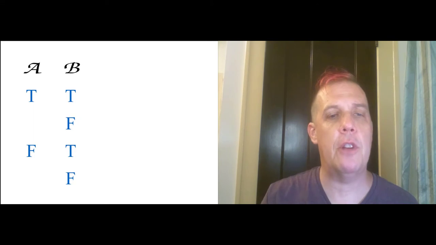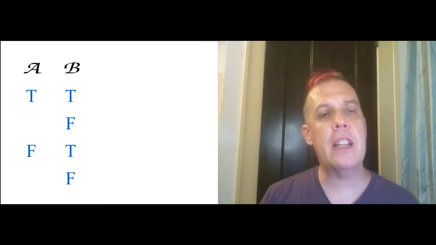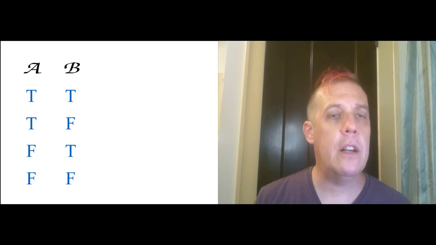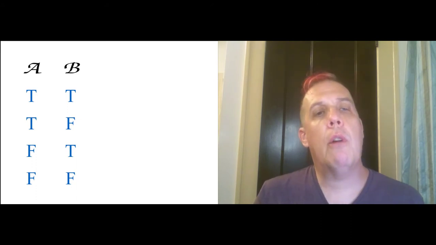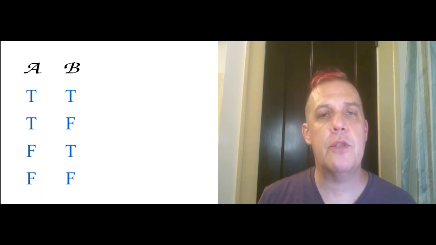Similarly, if A is false, B can be true or false. And so that gives us four possibilities. And we'll just fill out the line here, right? So there are four possible inputs for any sentence with a sentential connective that's hooking up two other sentences.